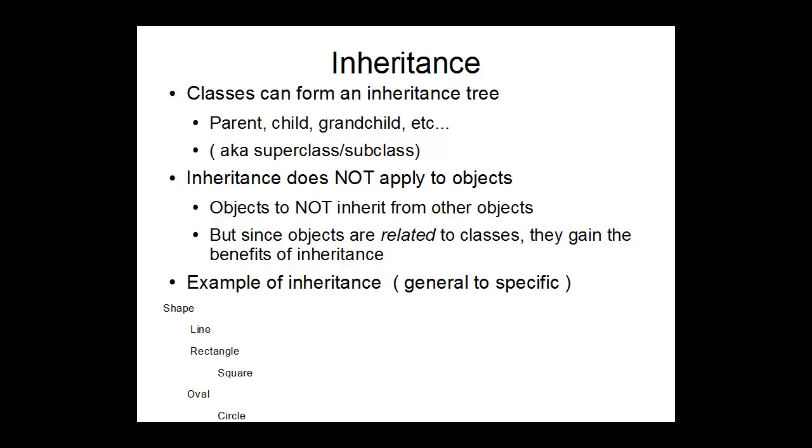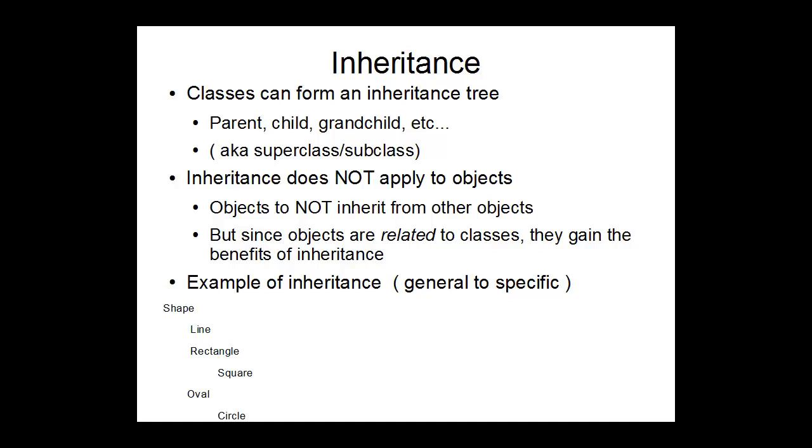Here's an example of inheritance. We might be building some kind of drawing program, and it's going to allow the user to draw lines, rectangles, squares, ovals, and circles. So we might form an inheritance tree like this. We might have a class called shape, and then three subclasses of shape called line, rectangle, and oval.